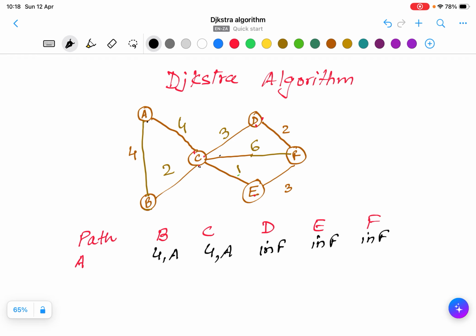We can use another sign for infinite, which is this sign also.